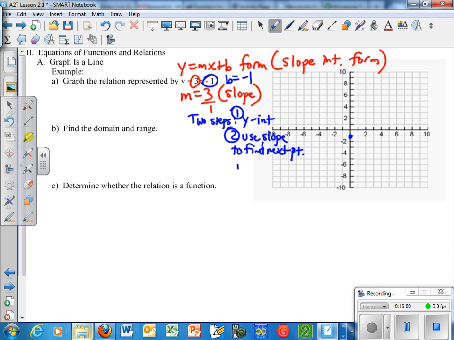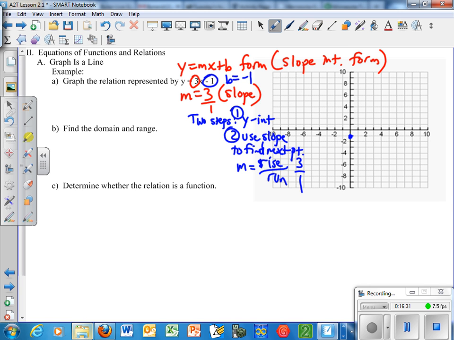Remember, m is the slope. It is rise over run. If your slope ever ends up being negative, I would always put that with the top just to be consistent. You can actually put it with either, but I would say always put it with the top to make it consistent, which always makes your run positive. But so I want to rise 3 and I want to run 1 from this point.